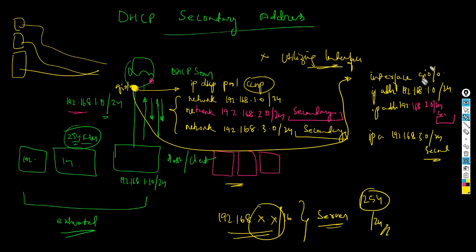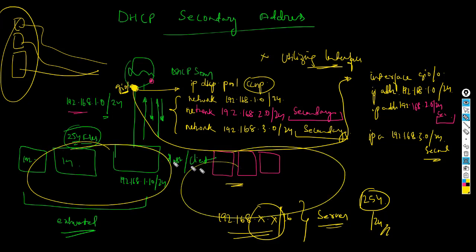This way only one single interface is still considered and we have multiple different networks of hosts connected to a single pool. So this is where we make use of the word secondary.